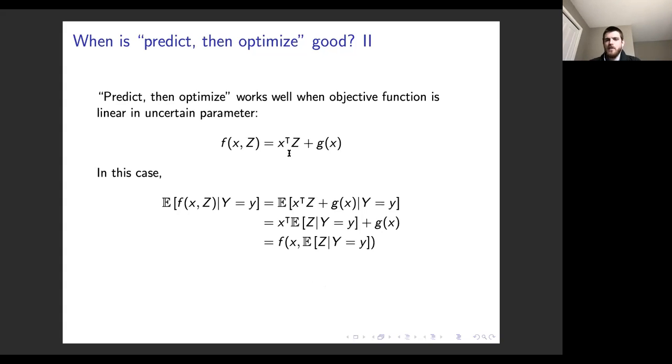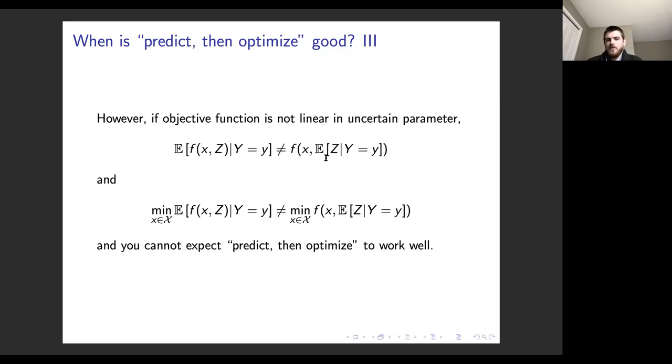So even though this approach is a bit naive, it does work for at least one class of problems, but it is somewhat limited. Just when the objective function is linear is when it works well. But if the objective function is not linear, then it's not going to work well.